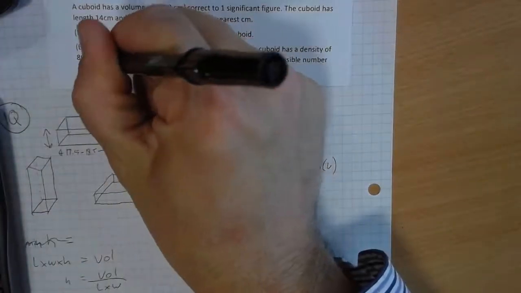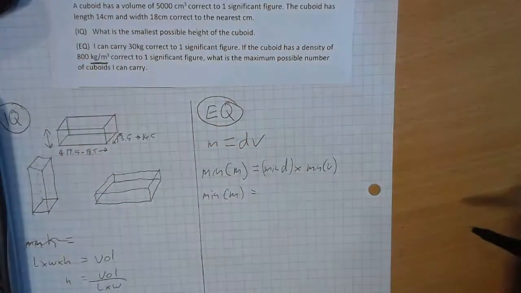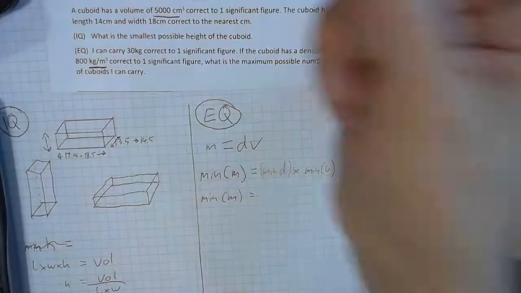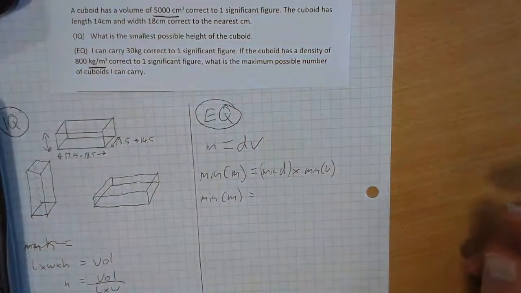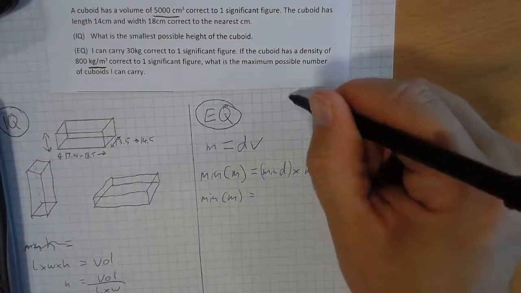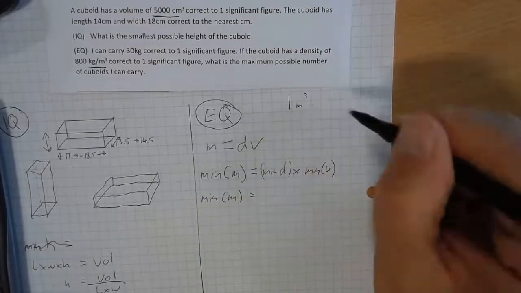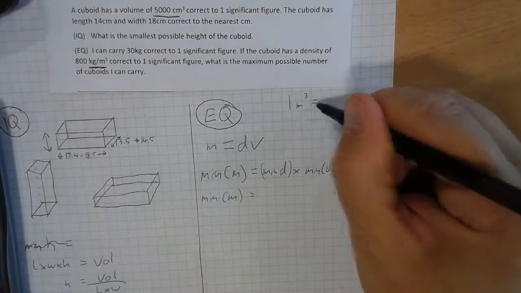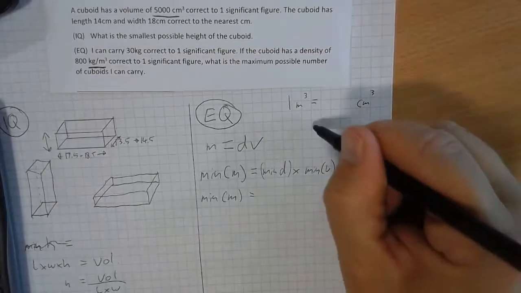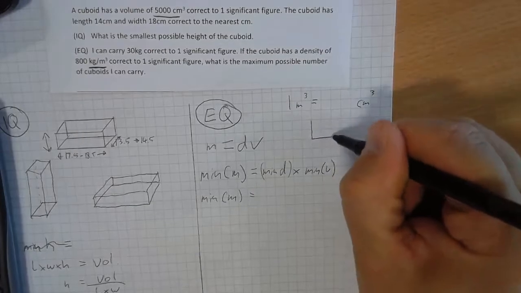I gave this in kilograms per meter cubed, but I gave this in centimeters cubed. And we need to think in 1 meter cubed, how many centimeters cubed are there? And this is where you make the mistake unless you think carefully.